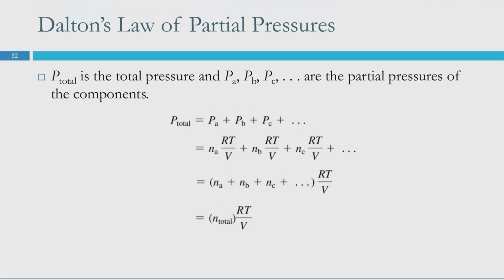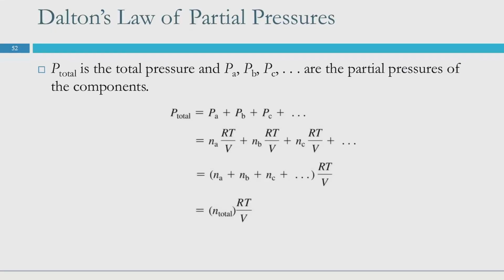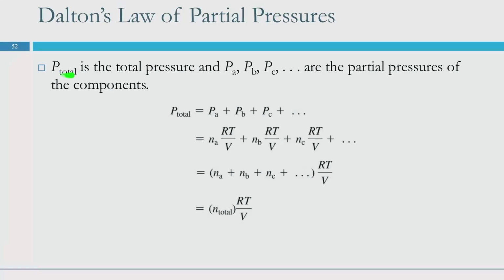Here's that fun math stuff that we're doing. You don't need to know how to do this. This is just a math way of basically doing a proof. So from Dalton's law of partial pressures, P total is the total pressure, and the individual gases are PA, PB, PC.